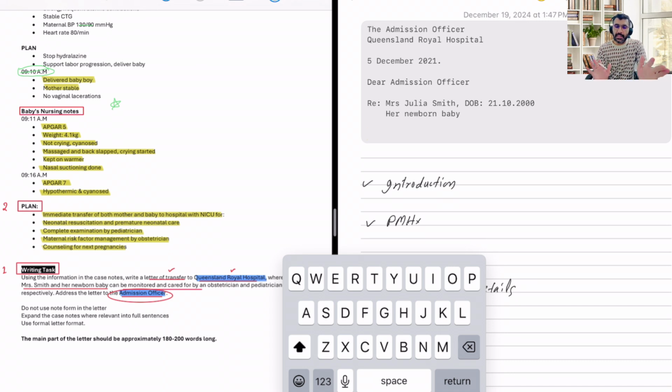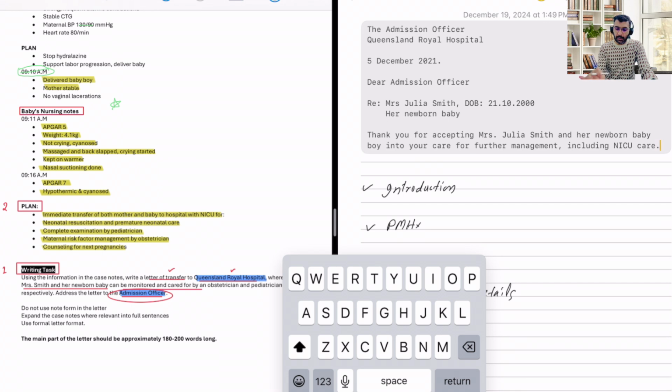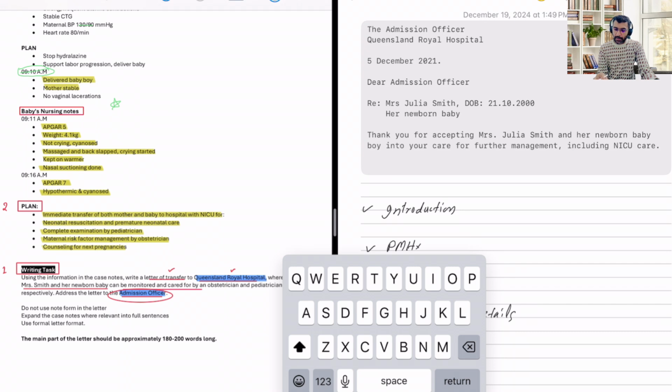In the introduction, this is sufficient: further management, including ICU care.